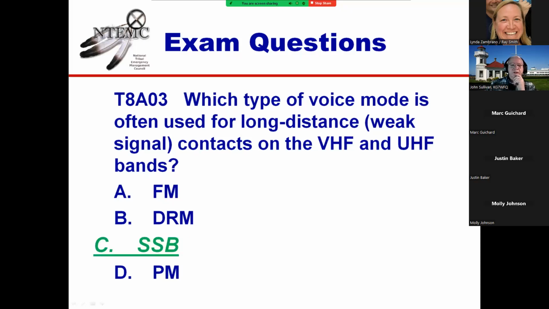So the answer is single sideband. And single sideband is what's most commonly used in the HF bands, but it can also be used for longer distance simplex contacts on the VHF and UHF bands.